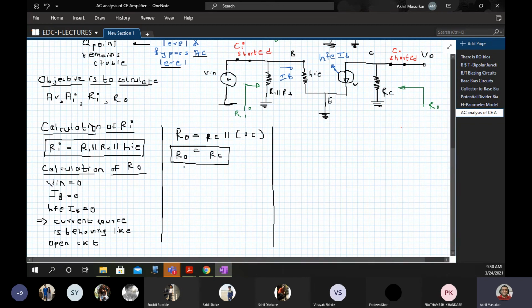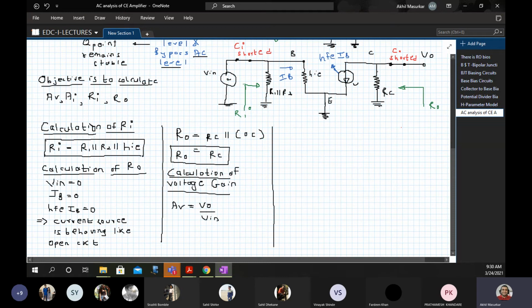Okay, next is again very simple. Calculation of voltage gain. AV, by definition, is V0 by Vin.